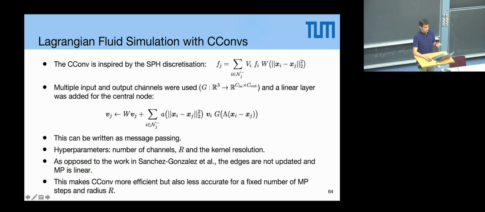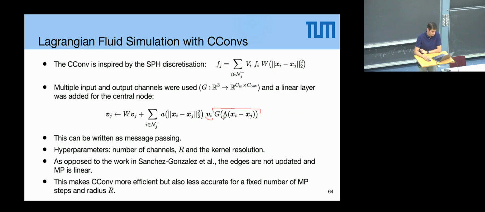Okay, so that was for convolving one kernel with some signal, but in practice we have multiple input channels and multiple output channels. So this would be, instead of a single value, a feature vector, and here this G will store C in times C out multiple channels.